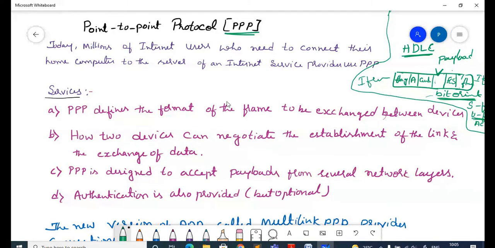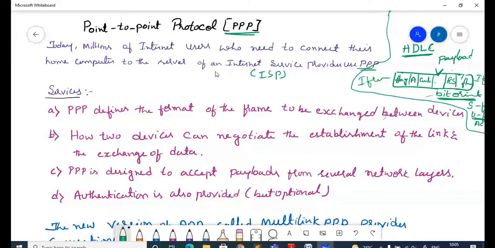Okay. So now the millions of users, if they want to connect their system to the internet, it is done using this protocol, the point-to-point protocol. That is whenever a home computer is to be connected to the server of an internet service provider, that is ISP, this is implemented using point-to-point protocol. Most of the time, the internet you are connecting in your home to your devices uses the telephone lines, the telephone link.